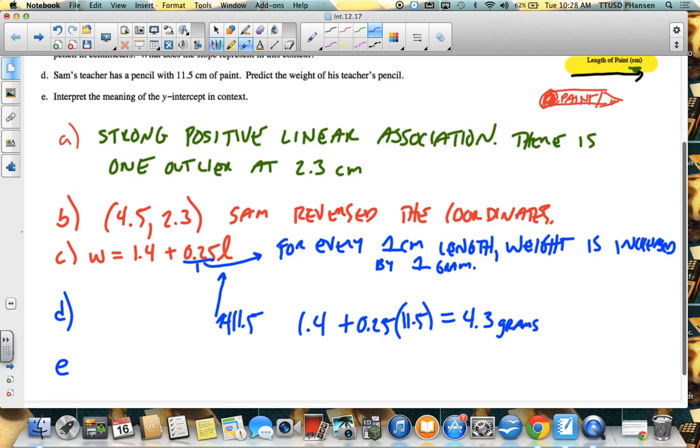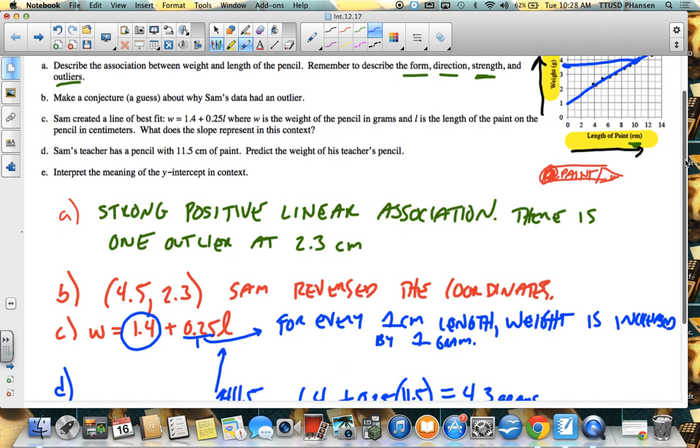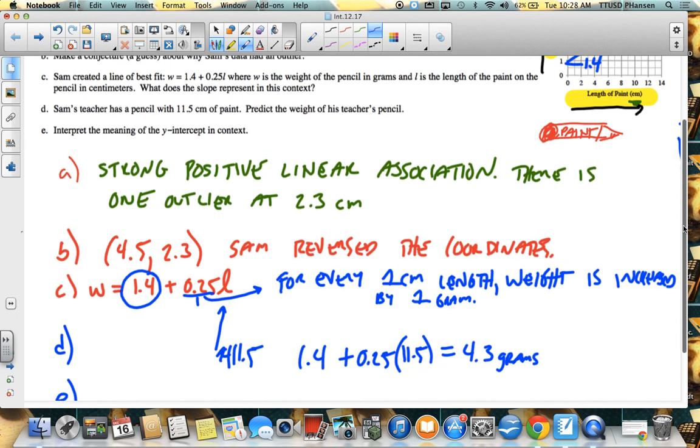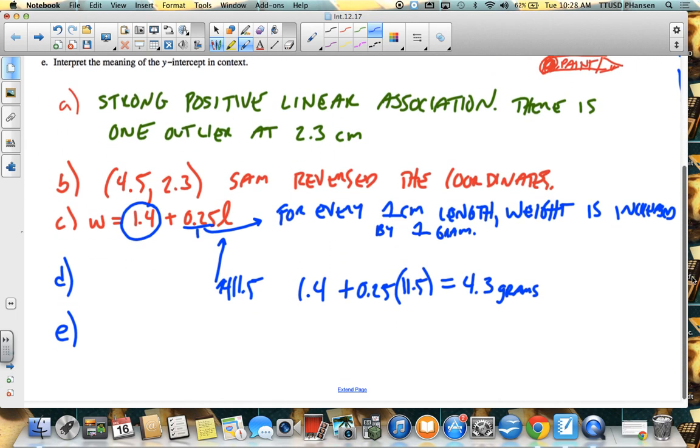All right, part E, interpret the meaning of the y-intercept in context. This is the y-intercept, right? If we were to draw this line, mine's off again by a little bit, but 1.4. So when you interpret the y-intercept, which is kind of hard, it basically means that you predict that when the pencil's so short that there's no paint left, it's still going to weigh 1.4 grams.